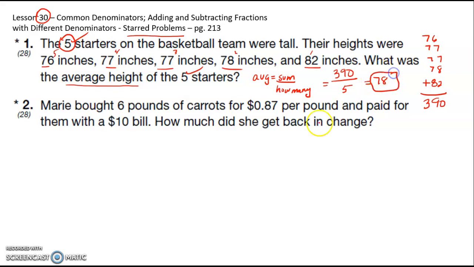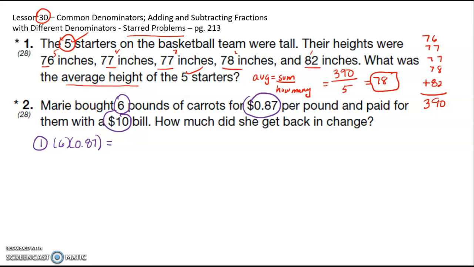78. All right. Marie bought 6 pounds of carrots for 87 cents per pound and paid with a $10 bill. How much did she get back? So this is a 2-step problem. So the first step, we're going to find out how much she paid. So we're going to do 6 times 87, or 0.87.